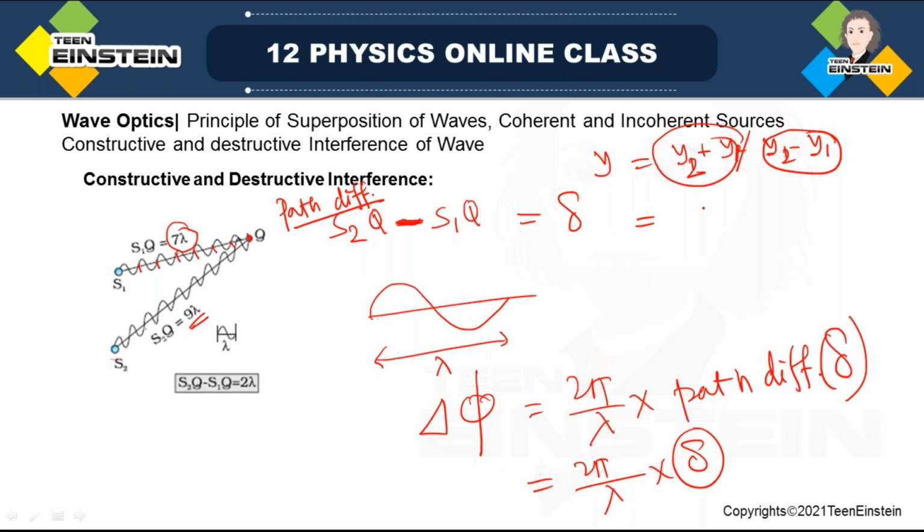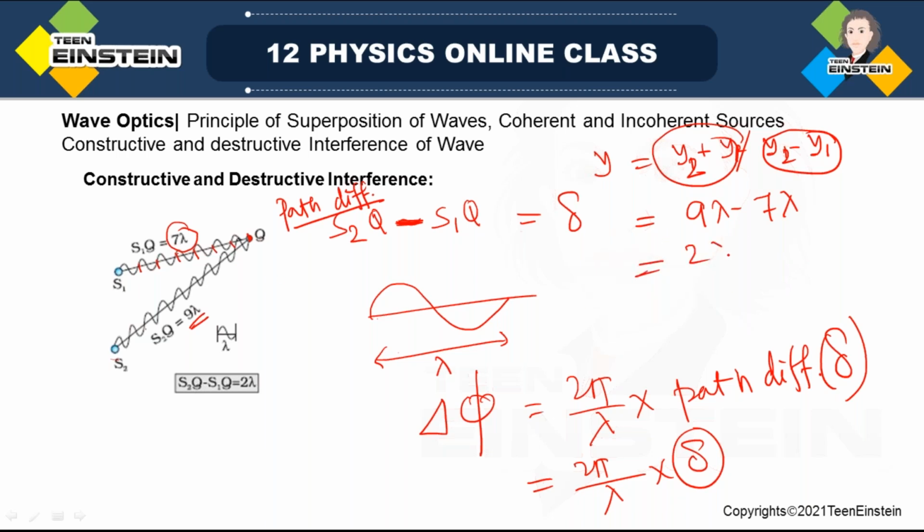So this delta is actually 9 lambda minus 7 lambda. I hope you agree, because this path will be 9 lambda and this path will be 7 lambda, since this reaches here after completing 7 full cycles, and this meets here at Q after completing 9 cycles.